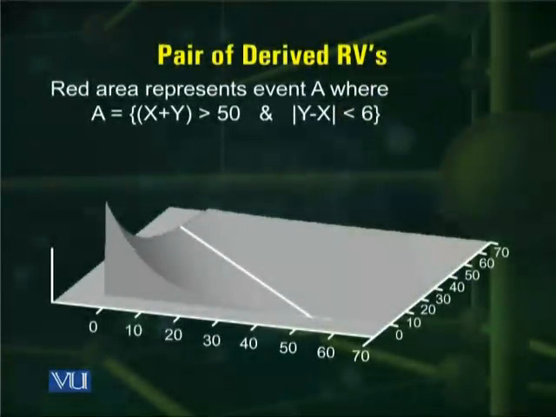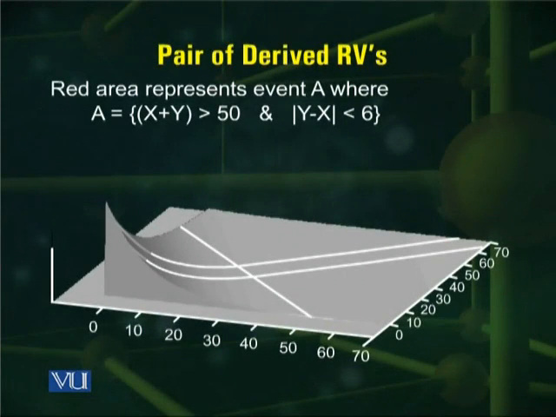So this constraint is a narrow strip bounded from above by the line y equals x plus 6 and bounded from below by the line y equals x minus 6, and it goes along the 45-degree line all the way to infinity. This narrow strip represents those points (x, y) whose difference y minus x is between -6 and +6.